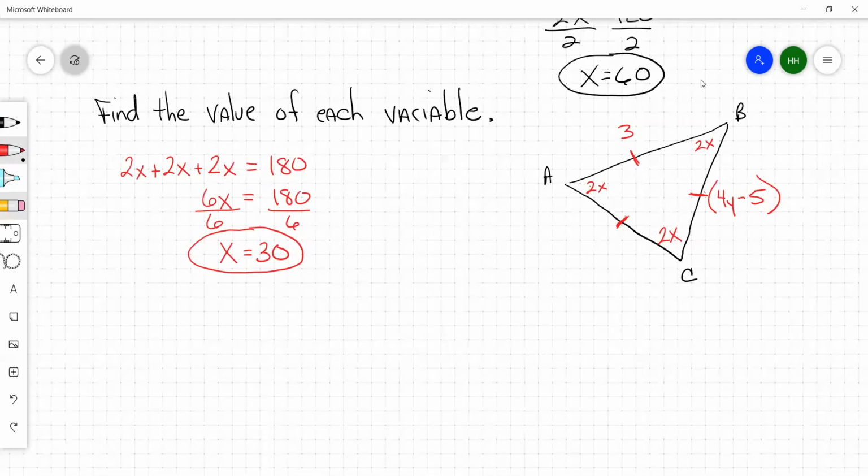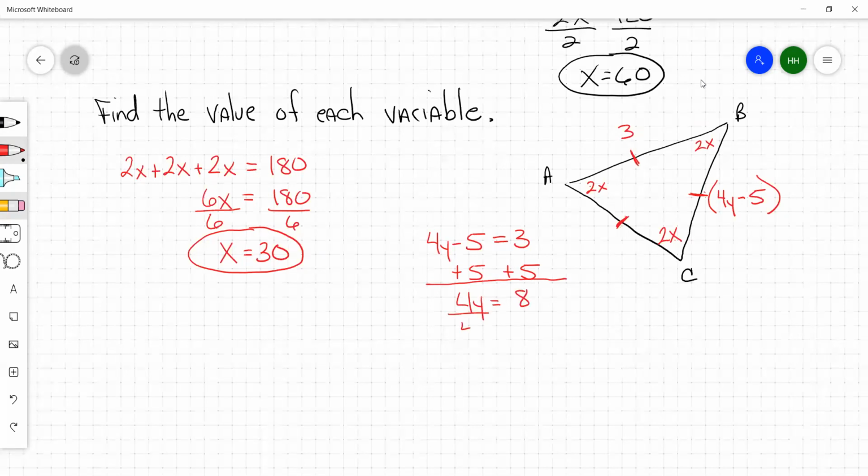As far as the y variable goes, if all the sides are congruent, then 4y minus 5 is equal to 3. And if you add 5 to each side, then 4y will equal 8.